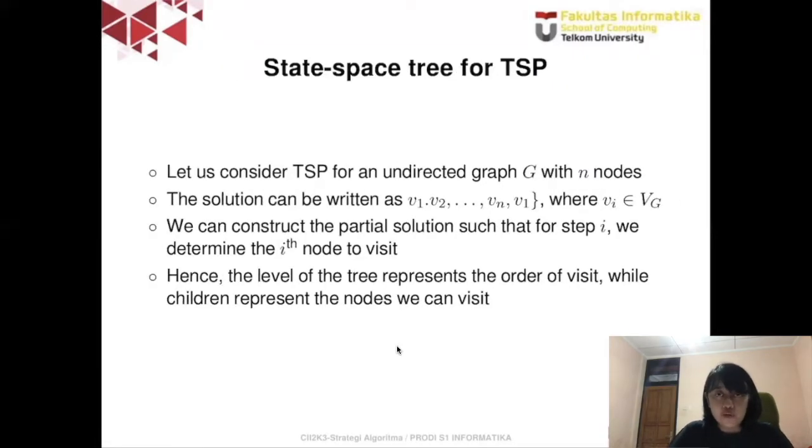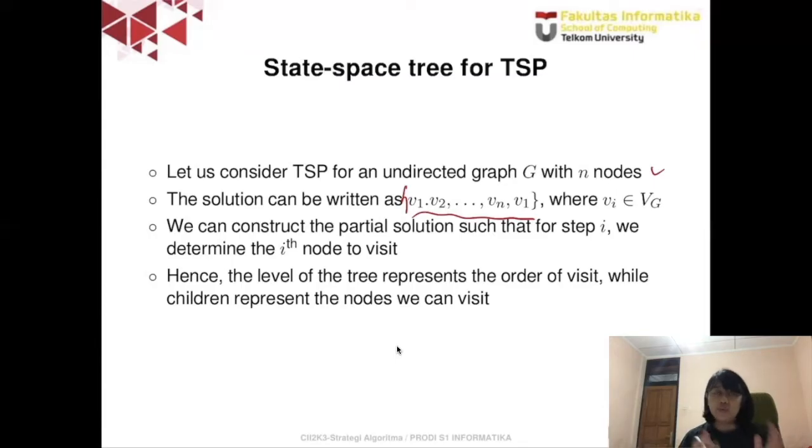In the previous topic, we have already discussed how we can construct a state space tree for Hamiltonian circuits. So basically for TSP, it is also similar. If we have a graph with n nodes and we want to solve a TSP problem, we can write the solution as V1, V2, V3, and so on until Vn and V1.